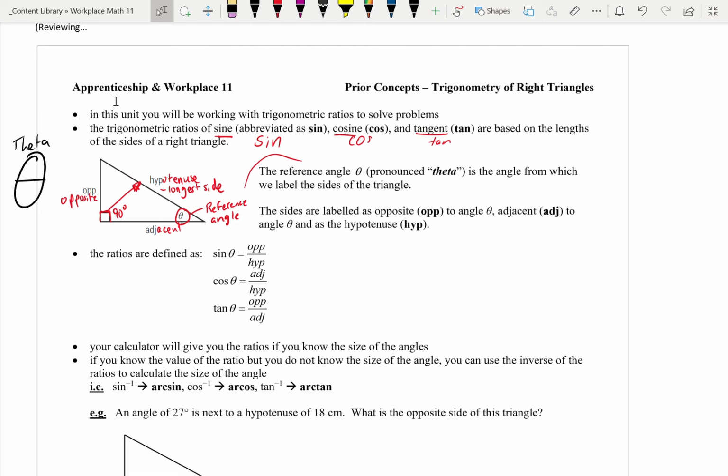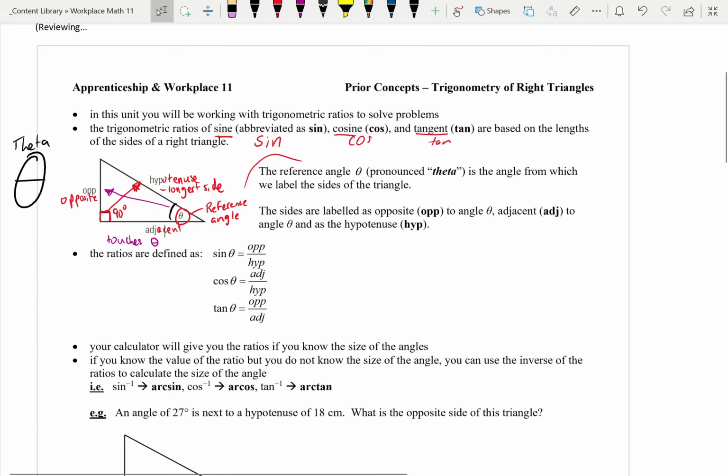And this is the angle from which we get our opposite and adjacent sides. So if we look at our reference angle, the angle opens up from here. If I go across on the opposite side, similar to what I did with my right angle, I find my opposite. And my adjacent touches theta. Like it comes up and it makes one side of my angle.